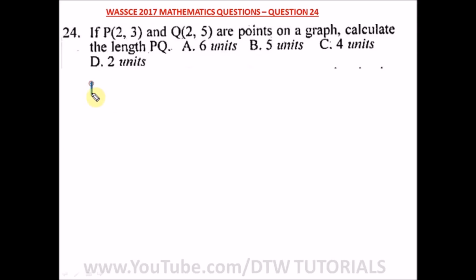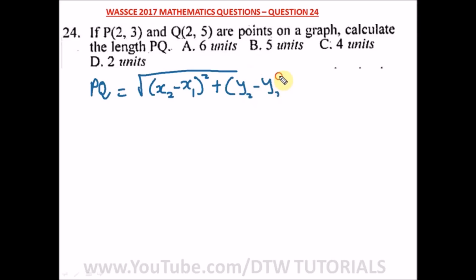Remember the formula: PQ is equal to the square root of X2 minus X1 all squared, plus bracket Y2 minus Y1 all squared. So this is the formula where here is X1, Y1, and this is X2, Y2.